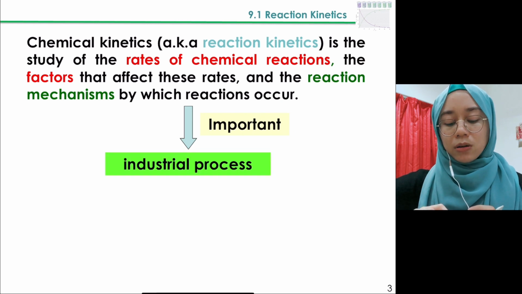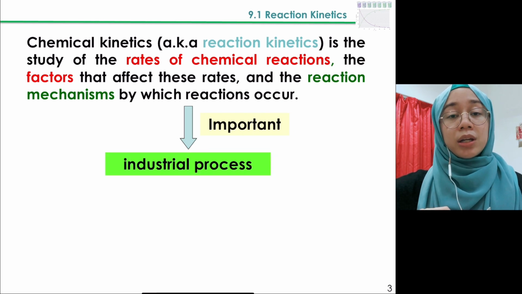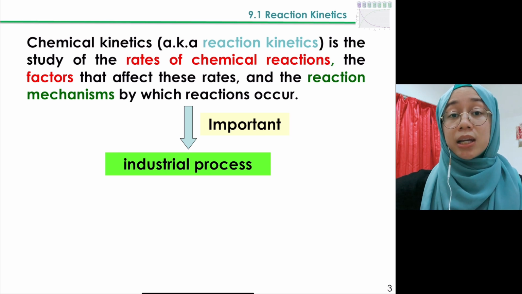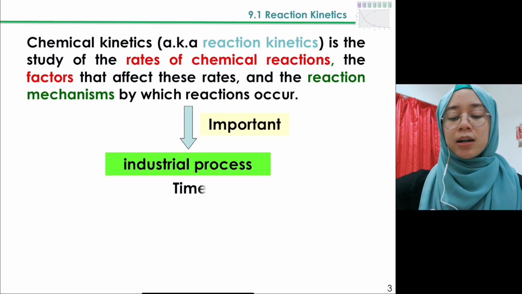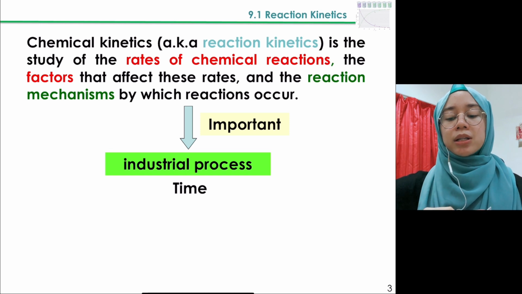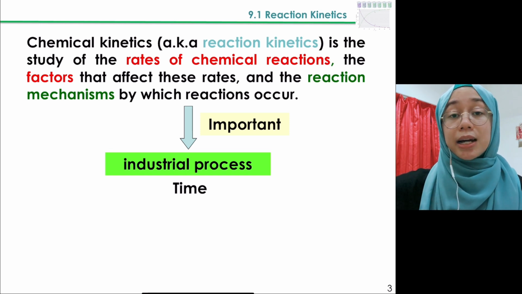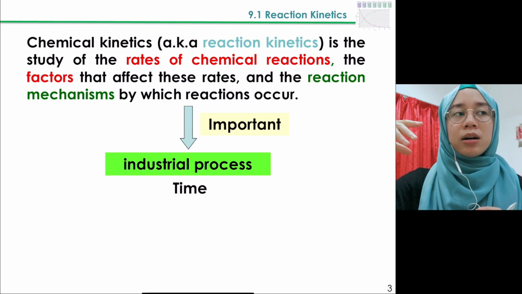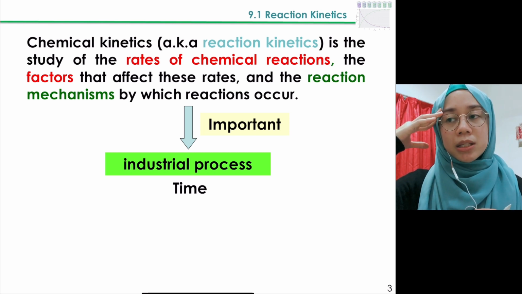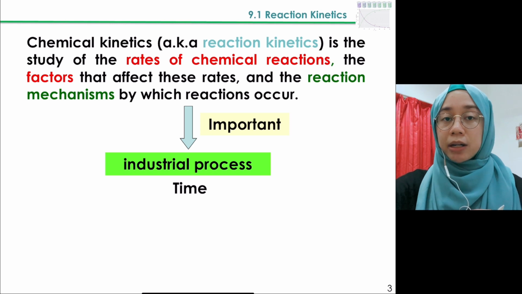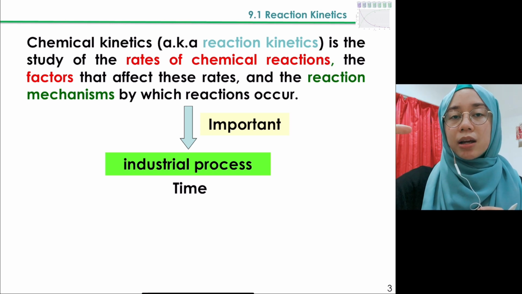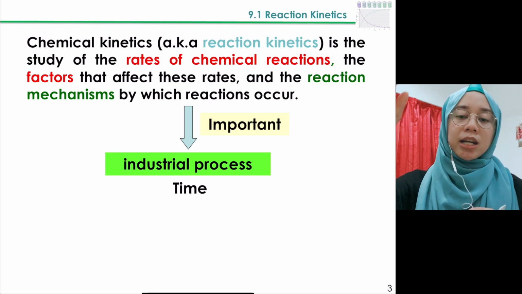Basically benda ni penting untuk industrial process, or maybe sebenarnya kalau nak buat eksperimen pun benda ni sangat penting. Kenapa dia penting untuk industrial process ni? Because dia ada kaitan dengan time. Because of course dalam industrial process, mesti dia nak hasilkan produk dengan cepat, kan? Tapi in order untuk dia hasilkan produk dengan cepat, dia ada banyak condition yang dia kena fikirkan.